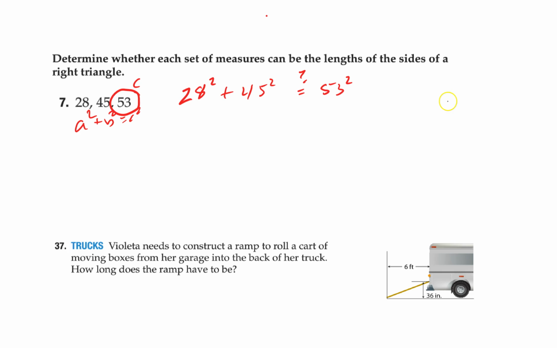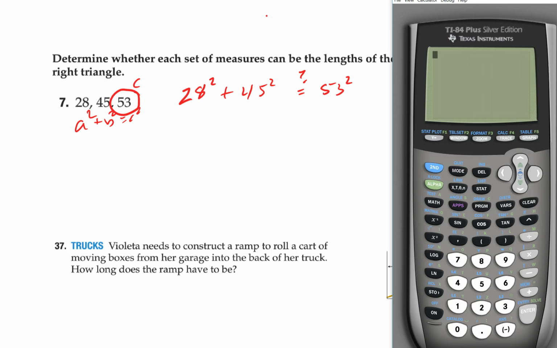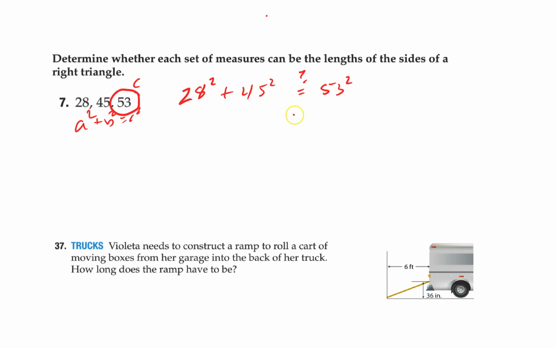I don't know what 28 squared is, so I'm going to use my calculator. 28 squared plus 45 squared equals 2,809. Let's go with 53 squared. I think it's the same thing. That is, yeah, 2,809. So that equals that one. This means it is a right triangle.